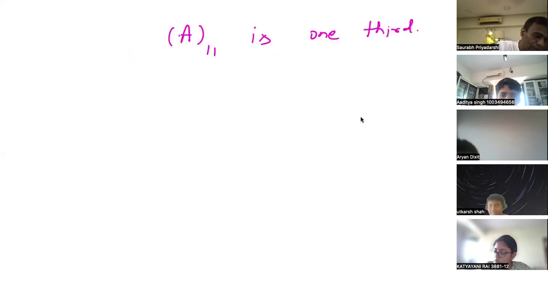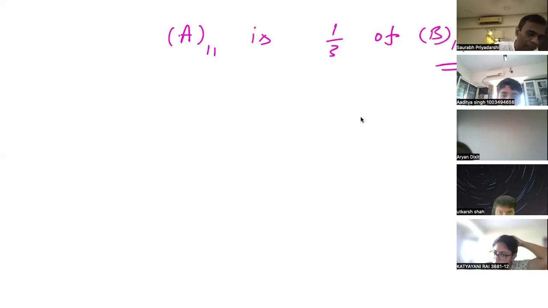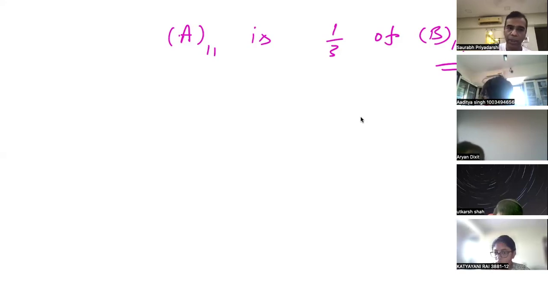See, a 2-digit number A with a base 11 is 1/3 of the 2-digit number with a B with a base 19, right? Find the possible numbers of this.